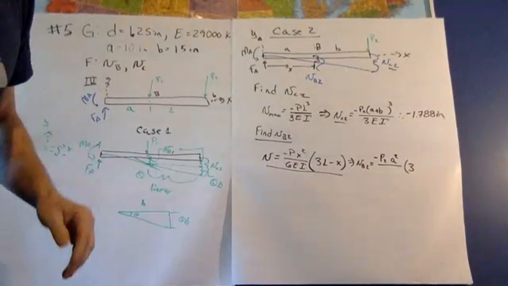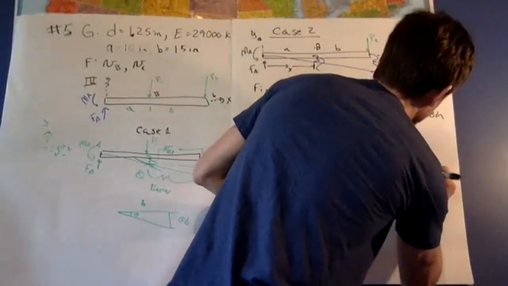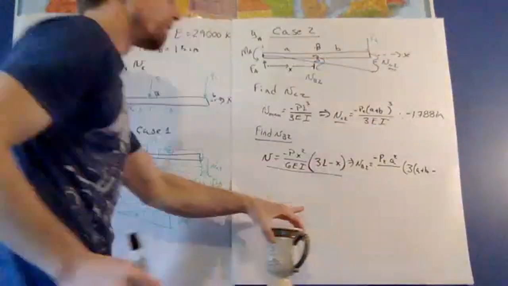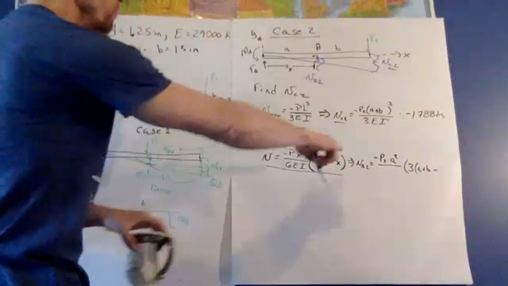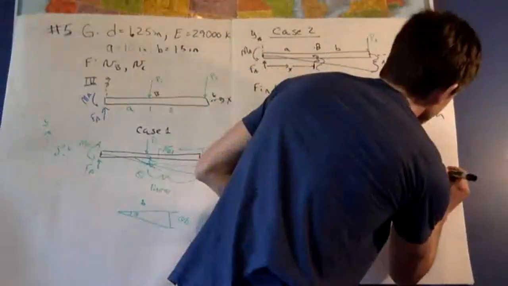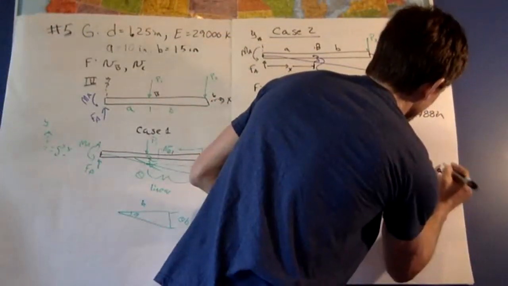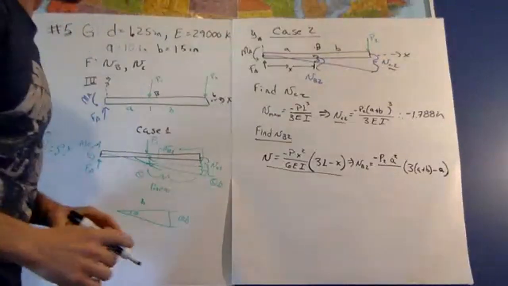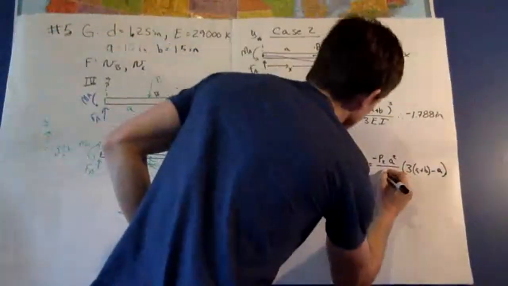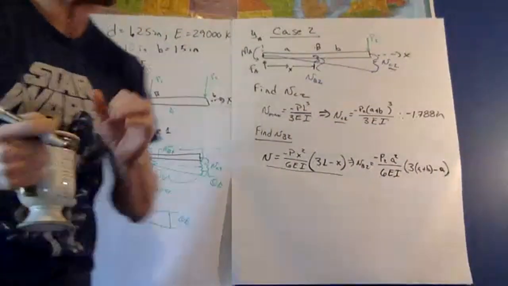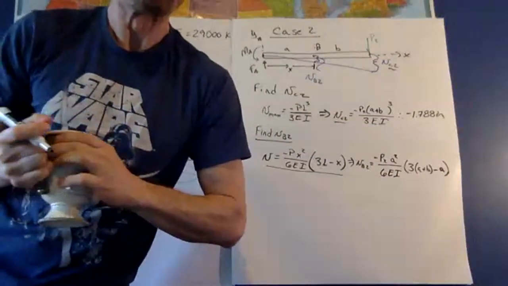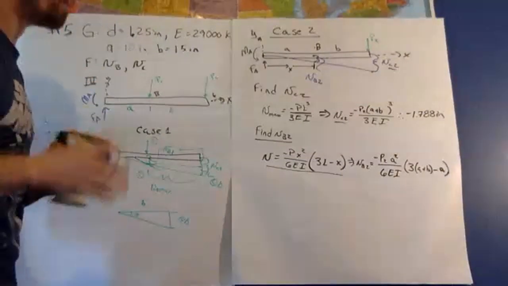A plus B? Yeah, A plus B. So we would say 3 times (A plus B) minus X, which in this case is A, and then we have over 6EI. Does that make sense? Maybe.